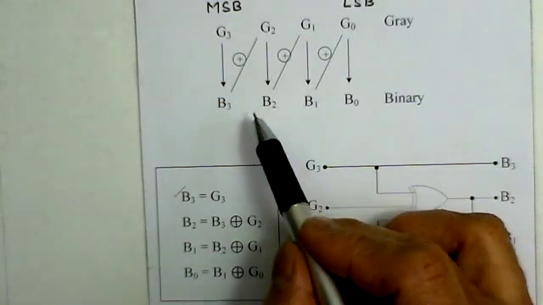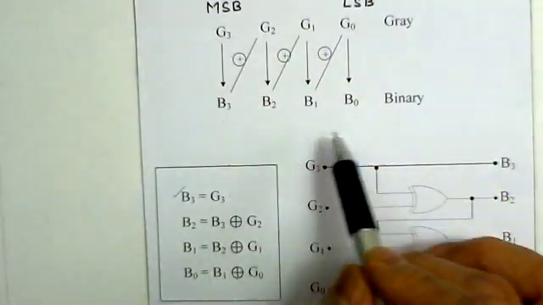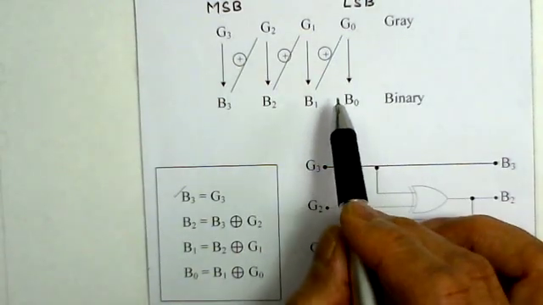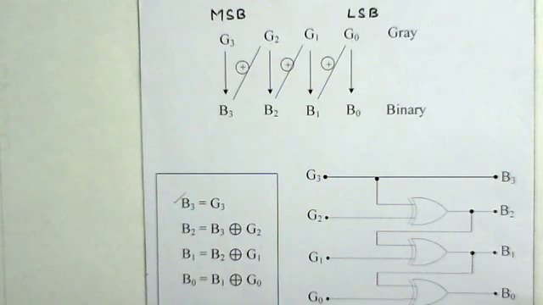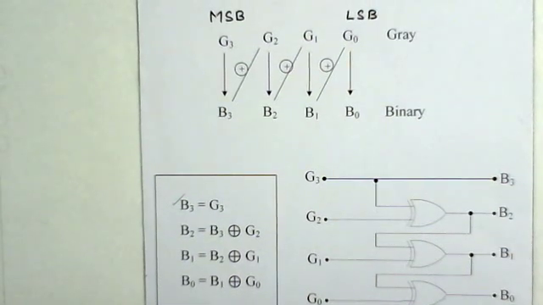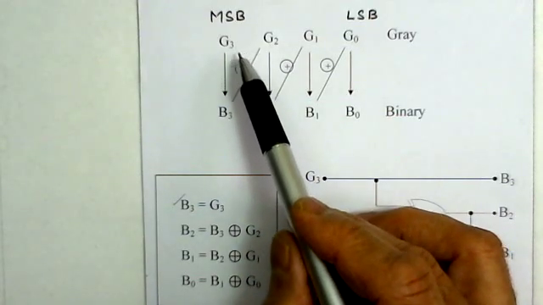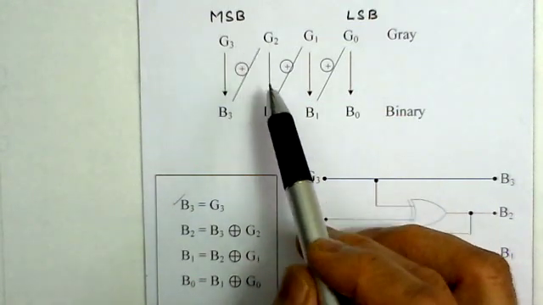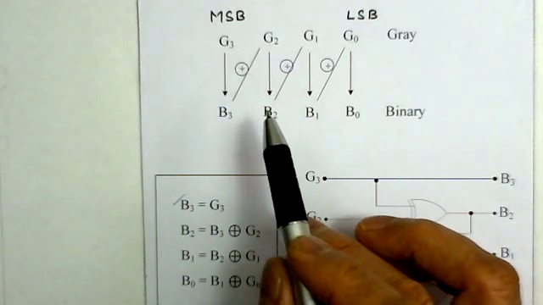You should remember these conversions, because many times there are problems where you have to observe the given circuit, and by observing the circuit you can make out what kind of circuit it is. Here the difference is that in the binary to gray code conversion, only the corresponding bits which were exclusive ORed were of the same type.